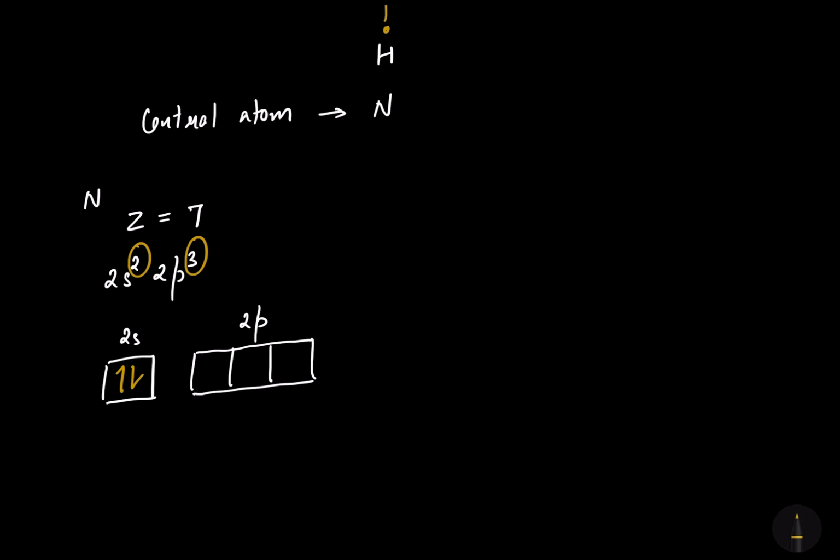Hund's rule states that all the orbitals first get 1 electron each, and only after that does pairing start. So the 3 electrons are equally distributed in the 3 orbitals of the 2p. That's our ground state.